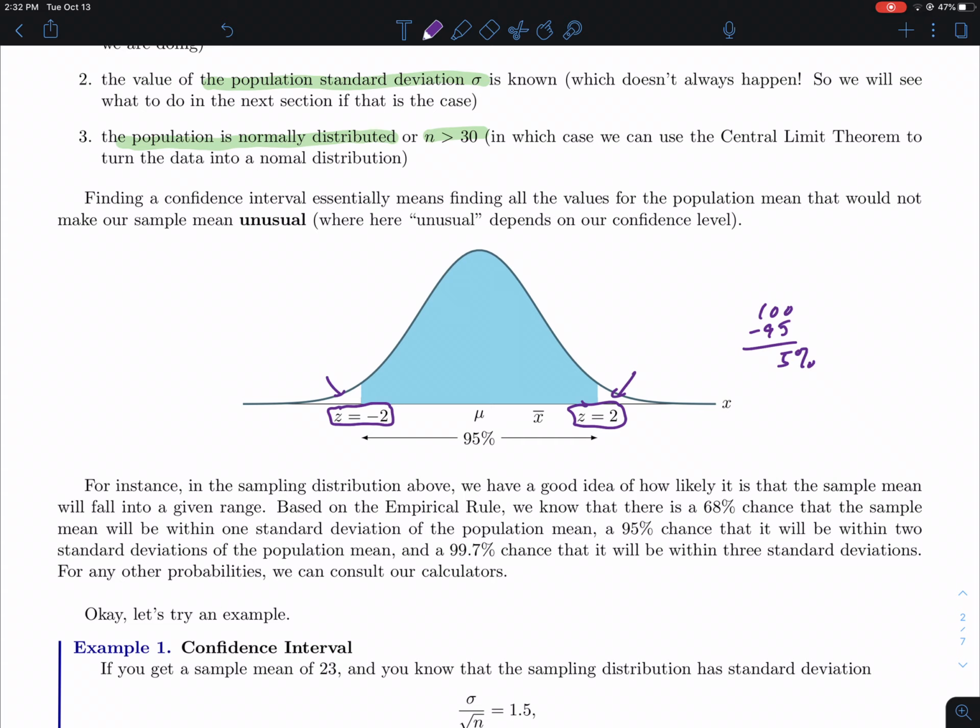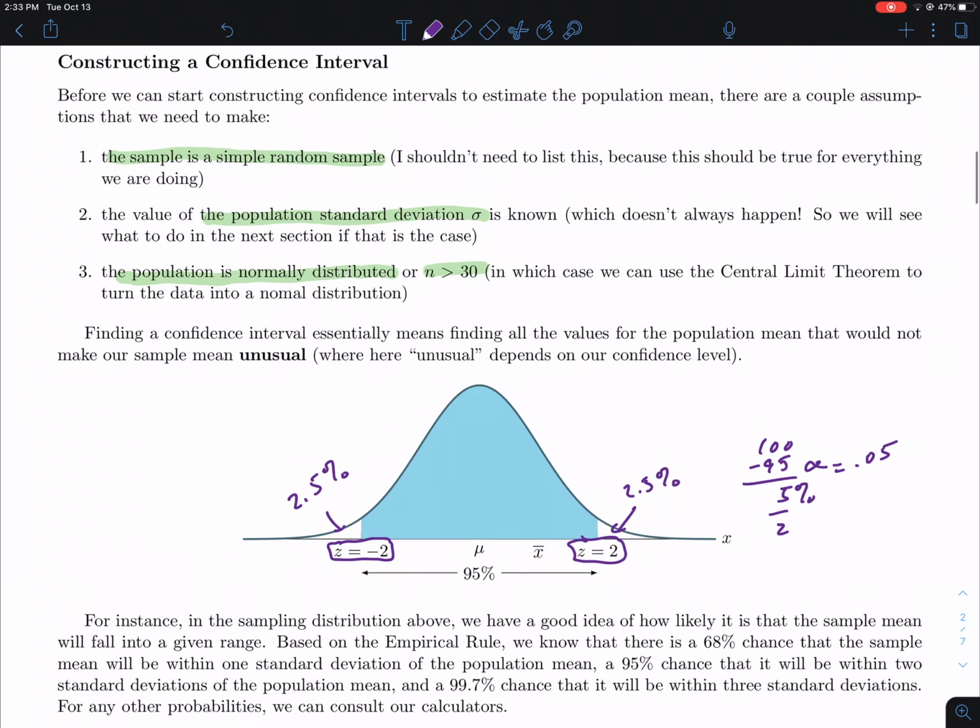But since it's divided between the two spots, we'd have to divide that in half. That tells us that we've got 2.5% above and 2.5% below when we're talking about our confidence interval. So this would be our alpha in this case. Our alpha would be the 0.05.